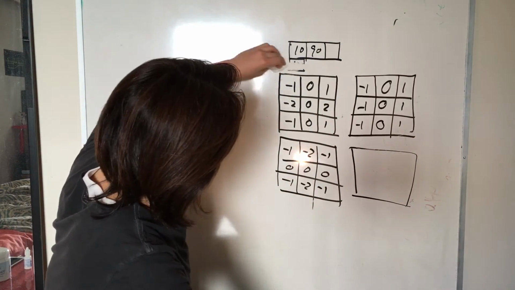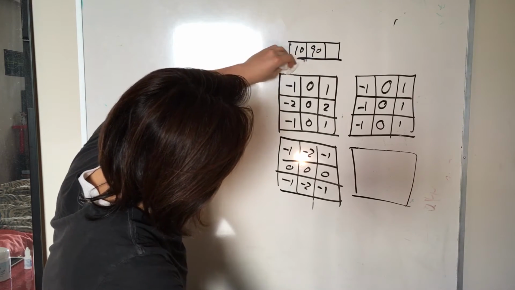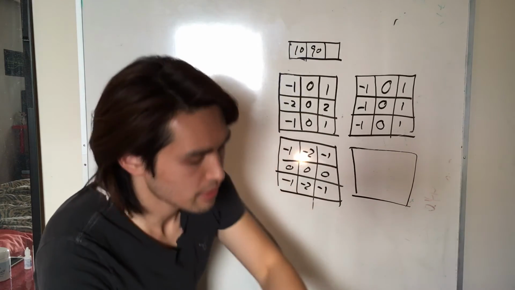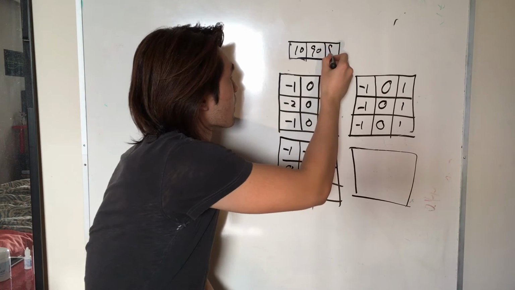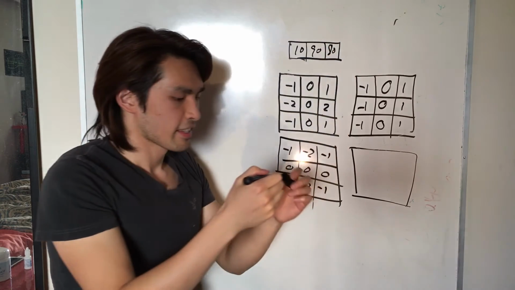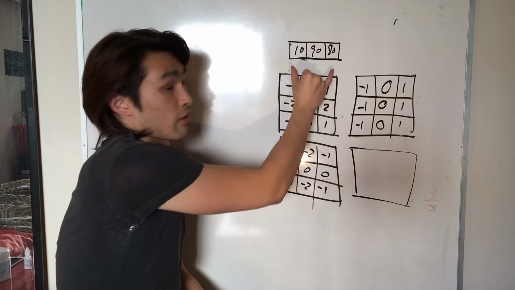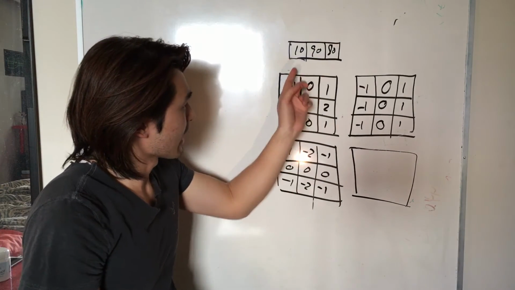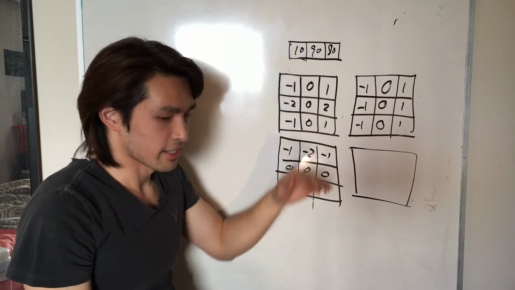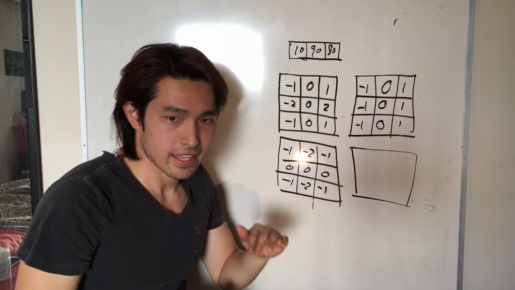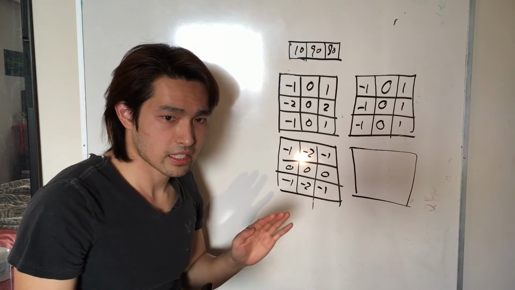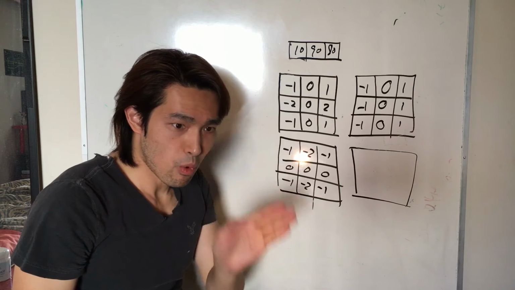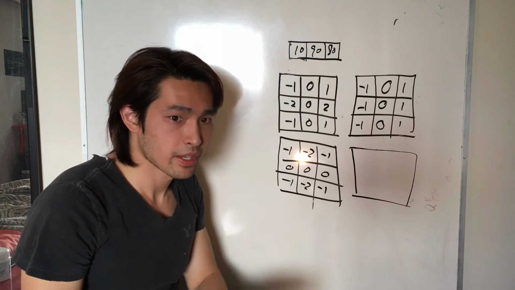I'm just going to do this. This is the width of your edge. And you can see that the edge is less intense on both sides and more intense in the middle.